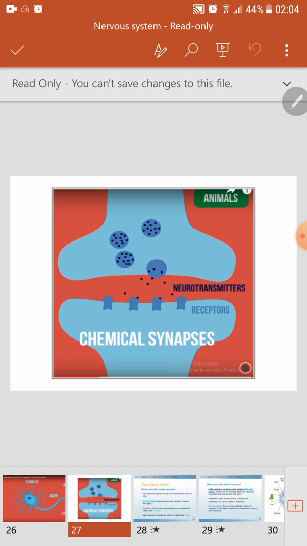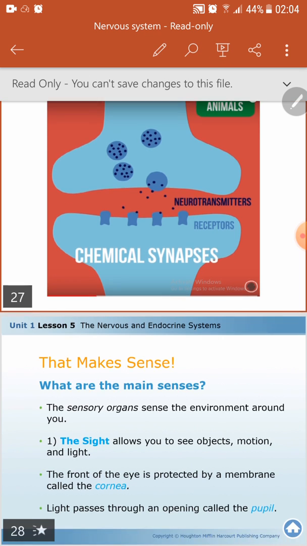These are neurotransmitters that can transmit the message between the axon terminal and the next dendrite. Like this, the impulse can move from one neuron to another.